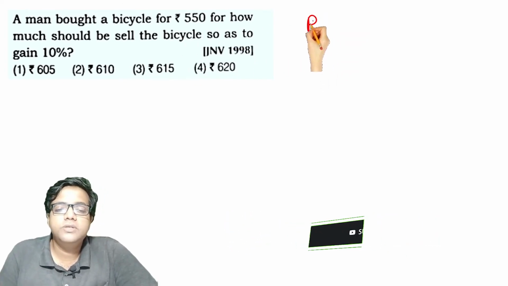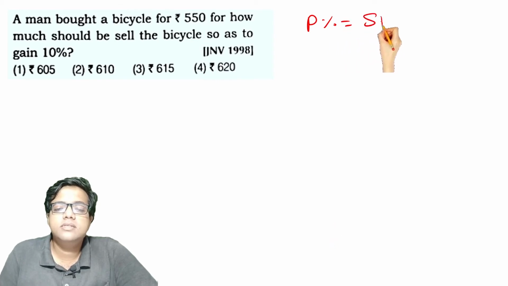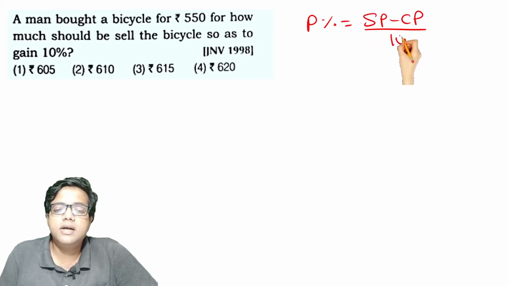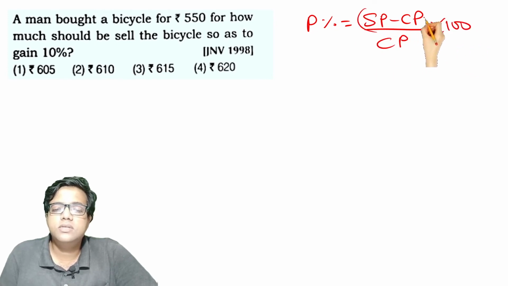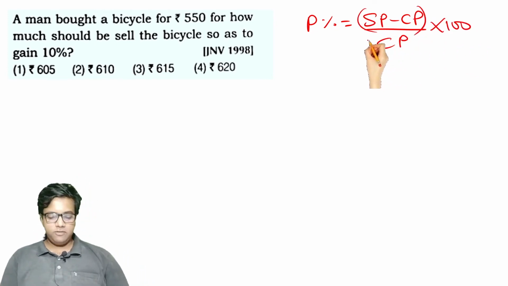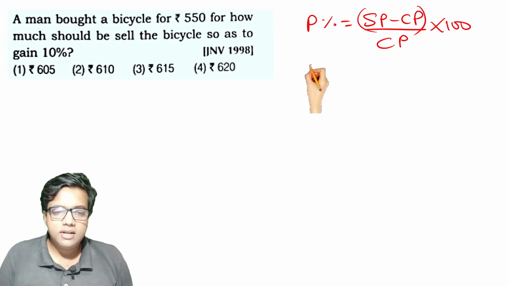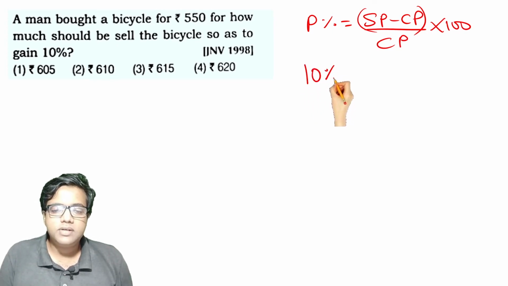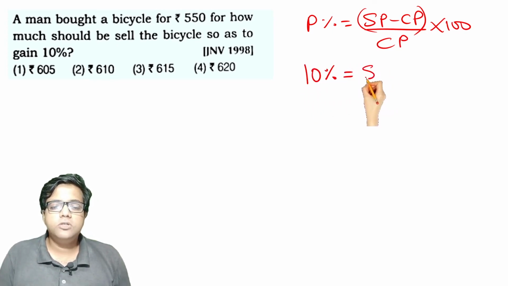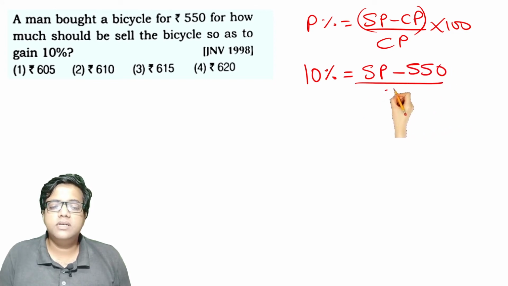You know the profit percentage formula. Selling price minus cost price by cost price into 100. In order to get 10% profit, what should be his selling price, and his cost price is already given, 550 by 550 into 100.